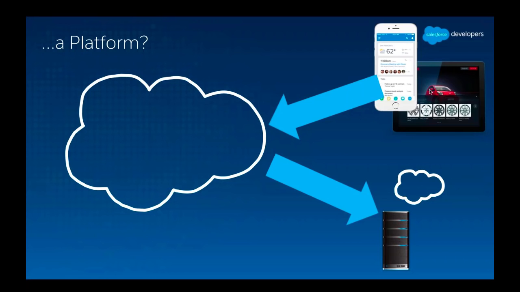It's great if we can build those apps, but if we can't get other apps to talk to our platform, and if we can't have other systems talk to our platform, it's not really much of a platform in the context of enterprise software. So integration is at the linchpin of almost every project of any size in Salesforce.